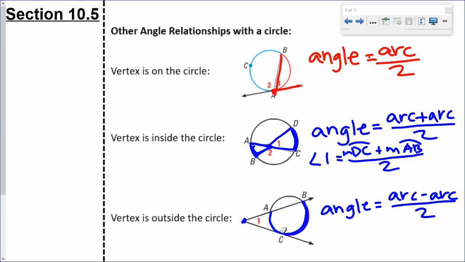So for the measure of angle 1, I would take the measure of arc BC and subtract the measure of arc AC and divide that by 2, if I was finding angle 1, just so you have a reference here. So it's always the bigger arc minus the smaller arc divided by 2. And the bigger arc is always going to be the arc the furthest away from the angle that you're finding.